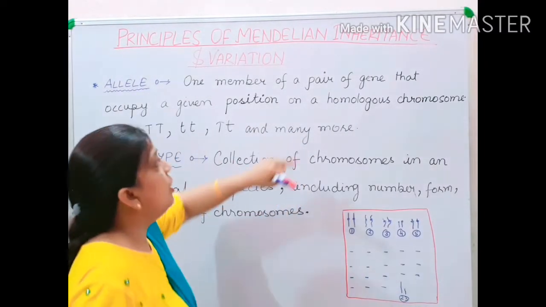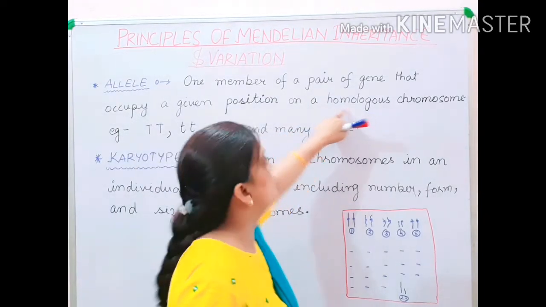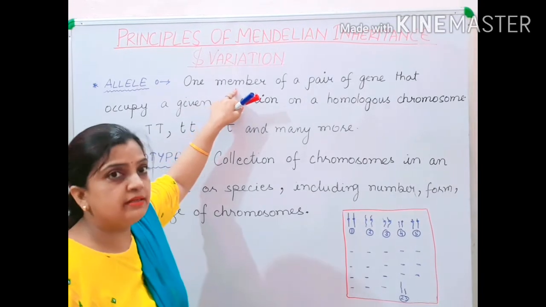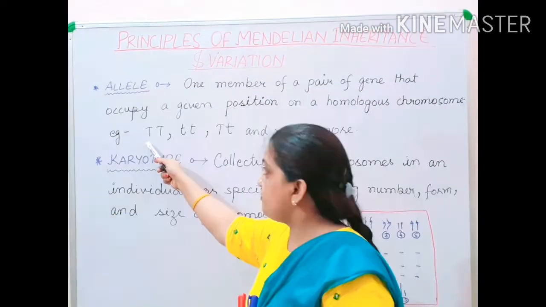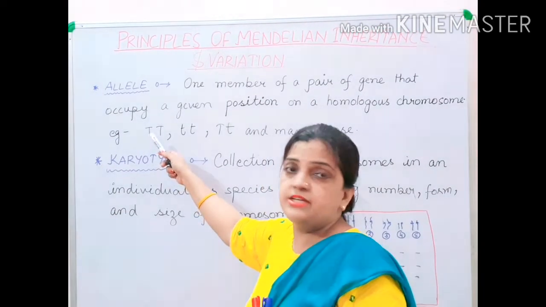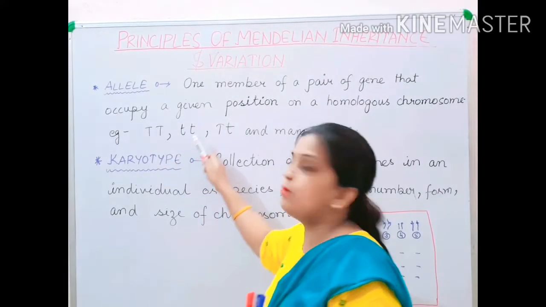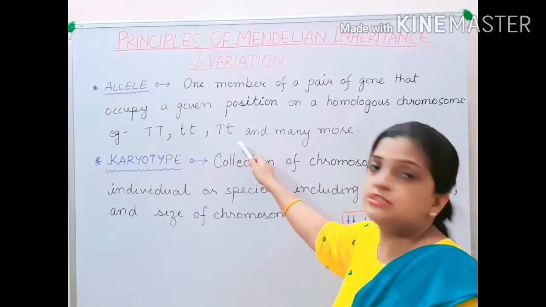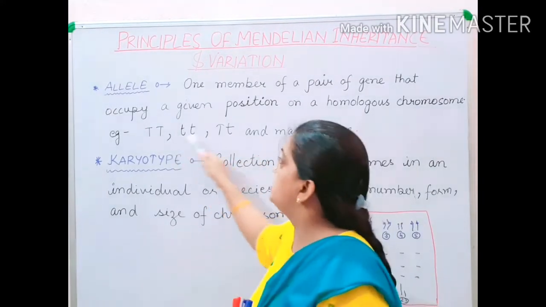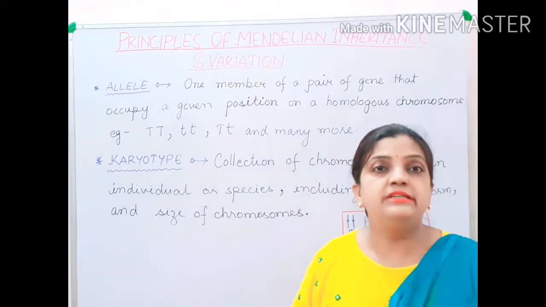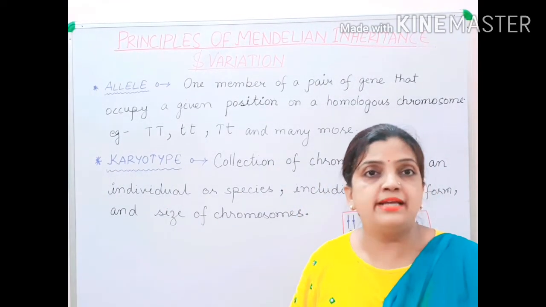So children, on the homologous chromosome, in a pair of genes, an allele is one of the members at its position. Examples I have mentioned here are capital T, small t, and capital T and small t. These are the type of genes related to the trait or character called height.